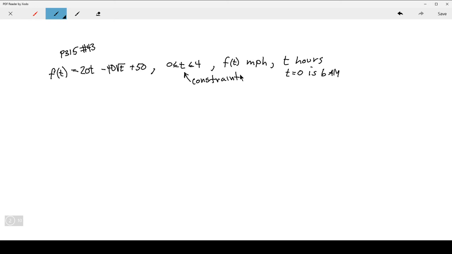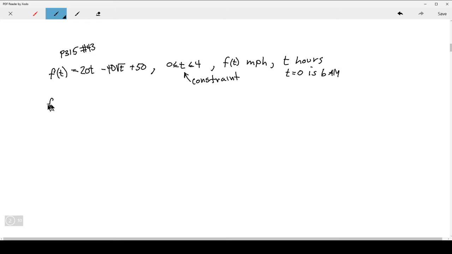We're going to see in a little while what happens when that constraint is a little more than an interval. I want to find where the traffic is the slowest, so that means I want to find an absolute minimum. In order to find an absolute minimum, I first have to find the critical points.